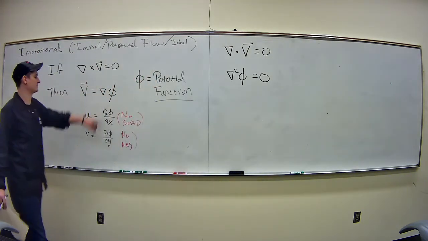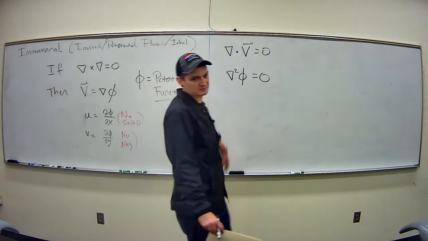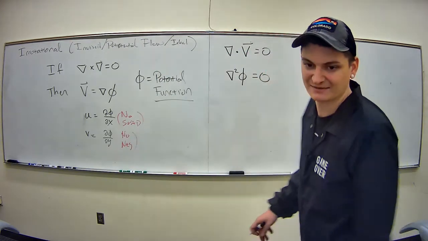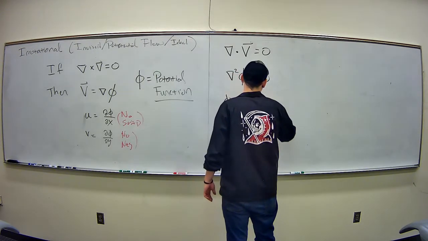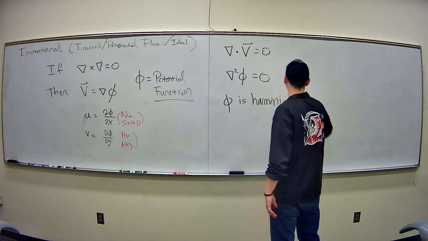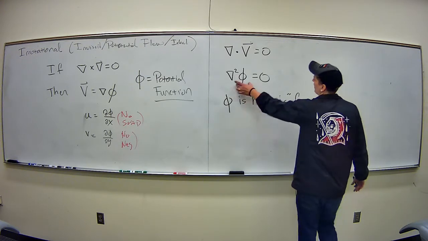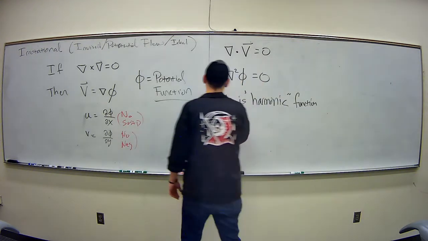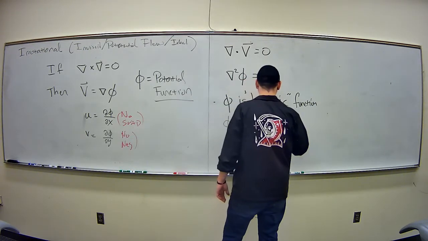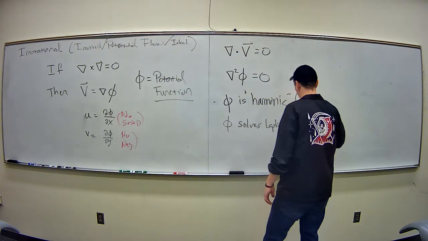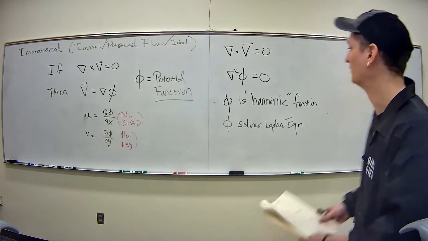So if my vector field is the gradient of a potential function, u and v have these relationships, but instead of having automatic continuity, what I now at least know is that phi is a harmonic function. Doesn't really matter what that is. The idea is that there are just nice properties we already know about what phi is. So it's harmonic. You also think about that this potential function solves the Laplacian, which is another very good property.